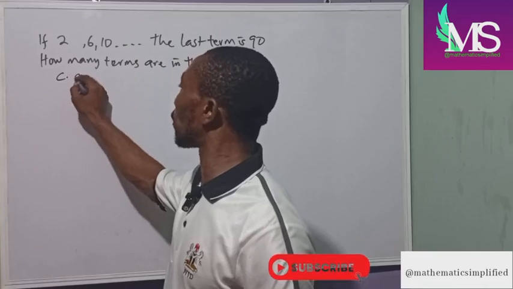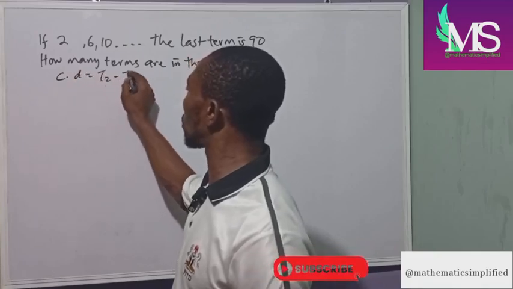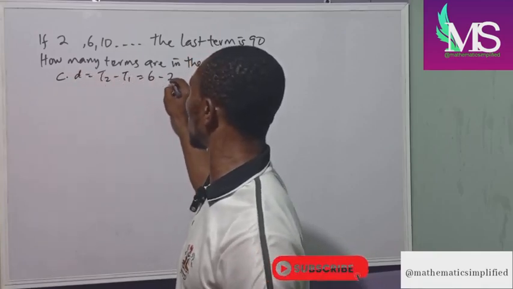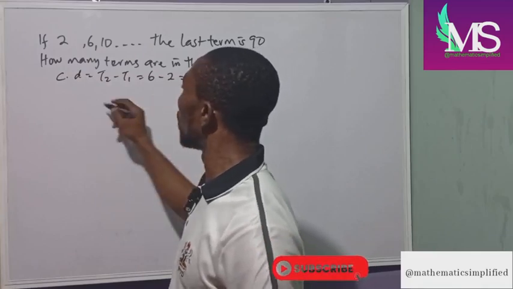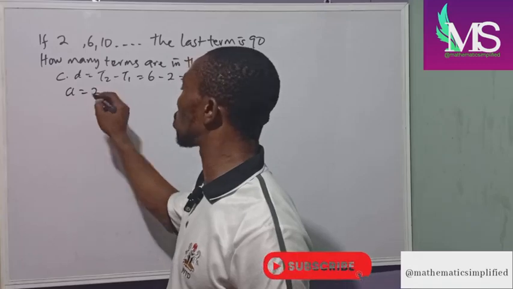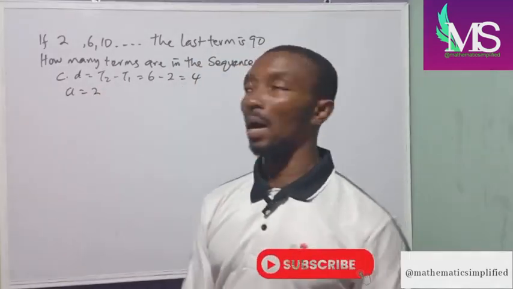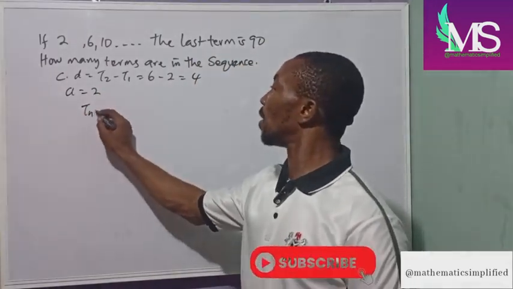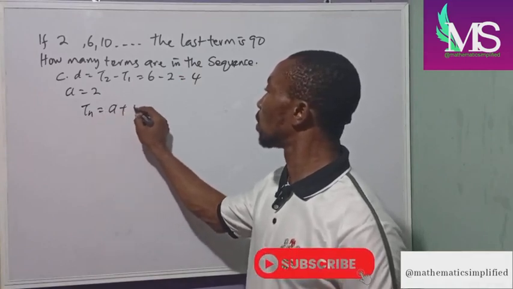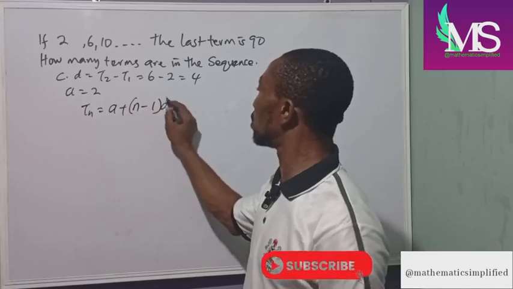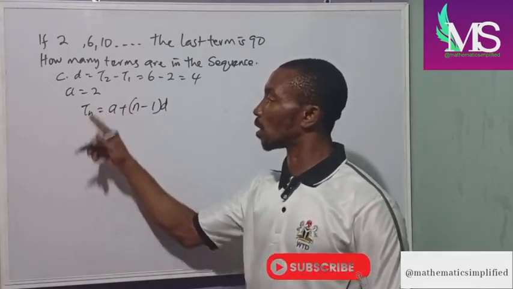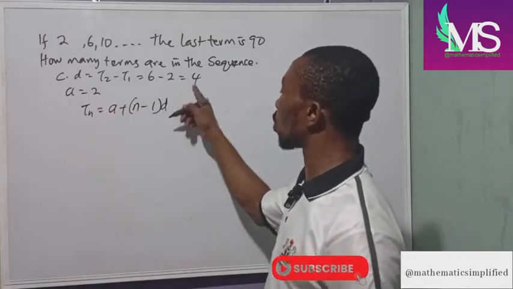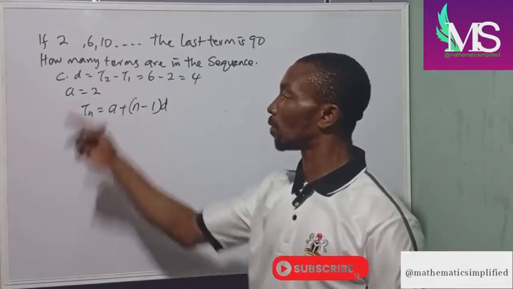Our common difference is T2 minus T1, which is 6 minus 2, which is 4. Now, our first term A is 2. We know that our formula is Tn equals A plus (n minus 1)d, where A is our first term, d is our common difference, and n is the number of terms.